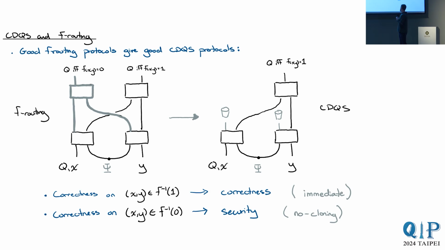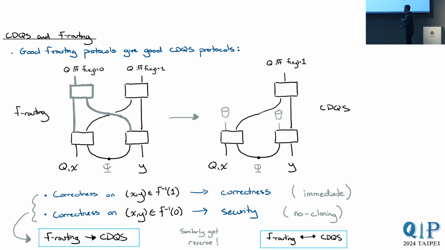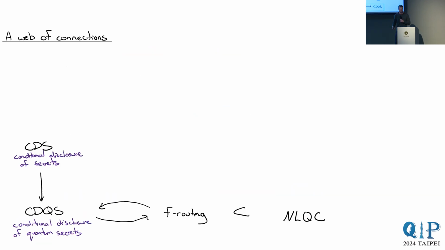Basically by no cloning, since Q ended up on the left here, nothing about Q can be recoverable on the right, and hence the referee can't learn anything about Q. So it's pretty easy. Taking those two statements together, we get an implication like this, that a good f routing implies a good CDQS. I'm not going to show it for the sake of time, but the reverse is similarly easy. And as a consequence, you get that this f routing and CDQS are really equivalent tasks.